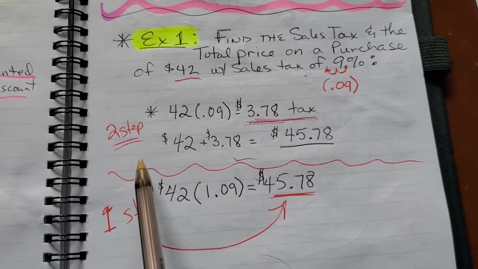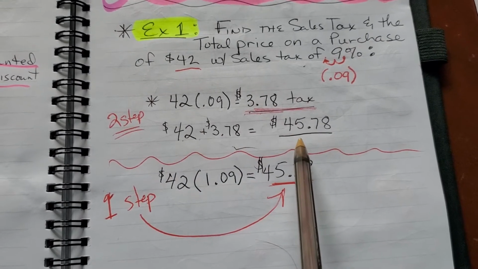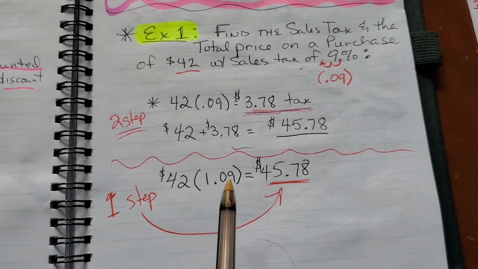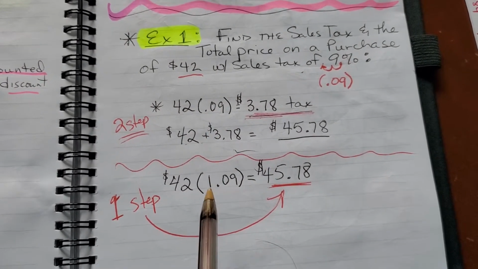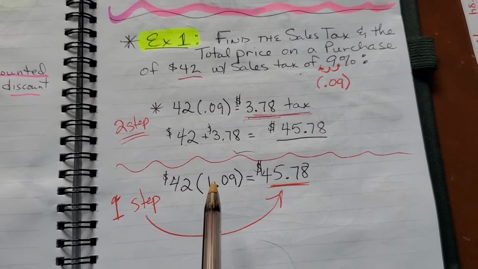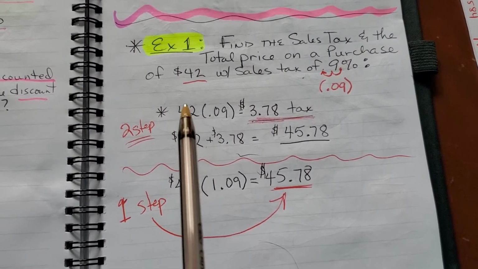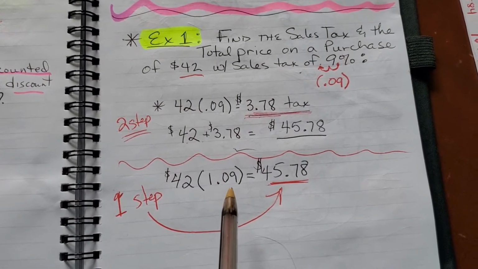So that's why I showed you 2 steps: finding the tax, then adding the tax to get the total. And then here, I started with the total, but I did it in 1 step because my percentage, I add a 1 to it, and that adds that tax on automatically. So this is adding a 1 to your percentage rate written as a decimal.